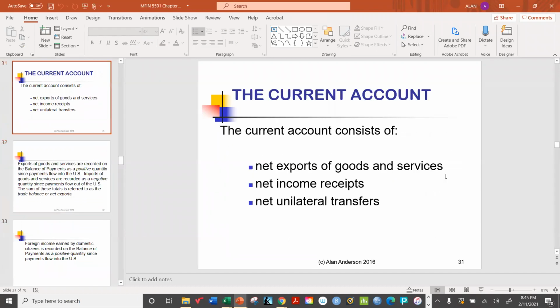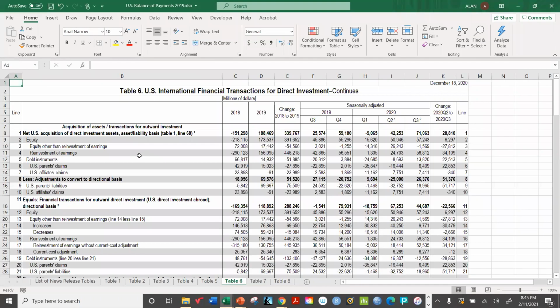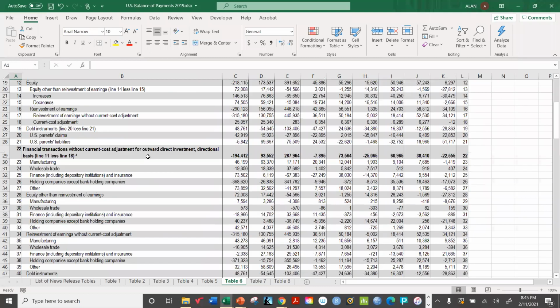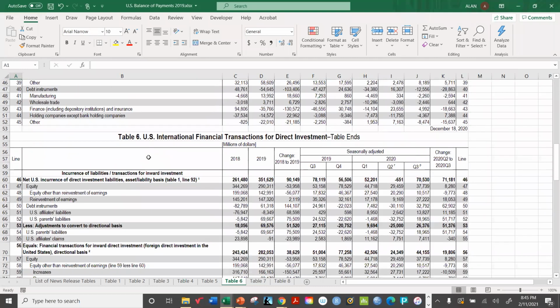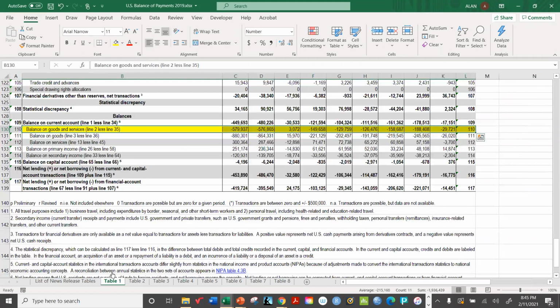So the balance of payments incorporates the trade balance here, but it also includes net income receipts, which we've been looking at. And in fact, I believe they have their own separate category for that here. Oh, I'm looking at the wrong chart or table. Here it is. There's the current account balance right there.